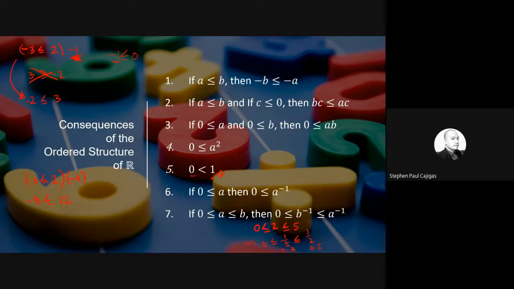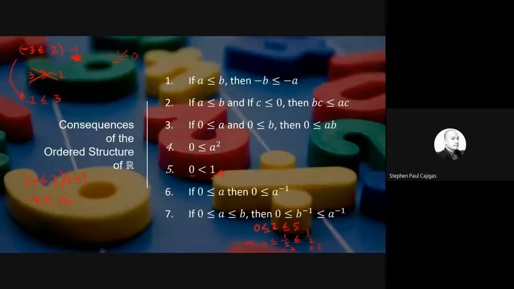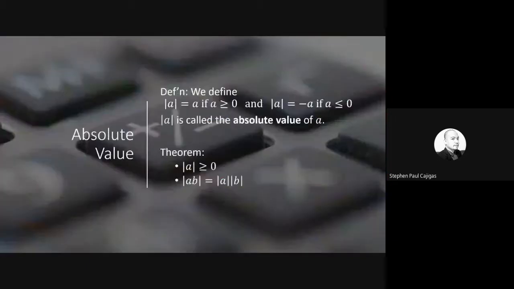So we will be able to establish that when we get the reciprocals, the order changes. B is bigger than A, but when we get the reciprocal, the reciprocal of B is smaller than the reciprocal of A. So those are the consequences of the order structure of R.